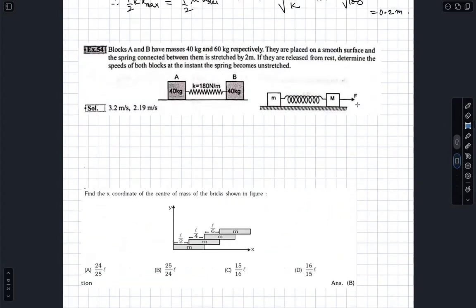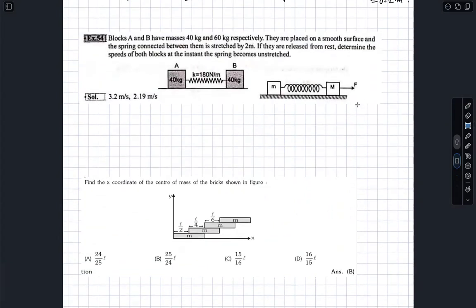Block A and B have 40 kg and 60 kg respectively.